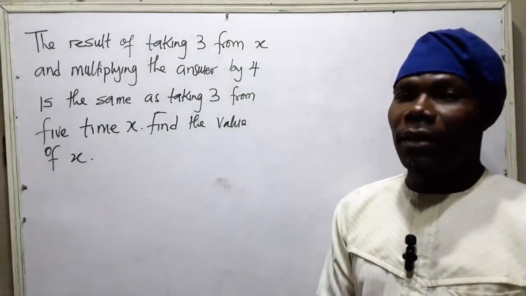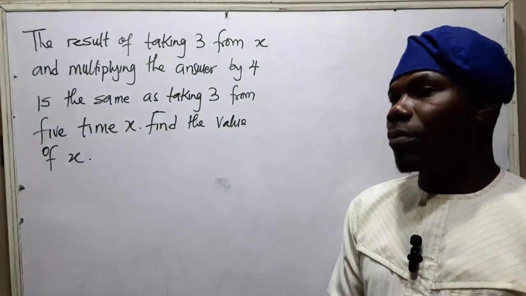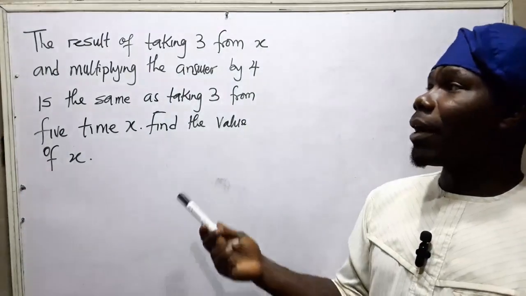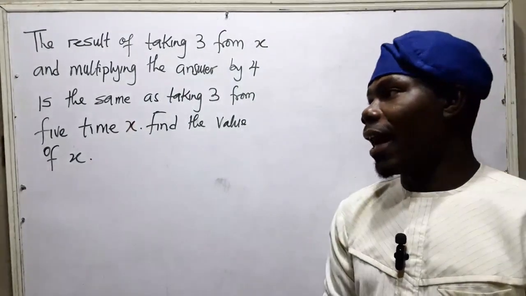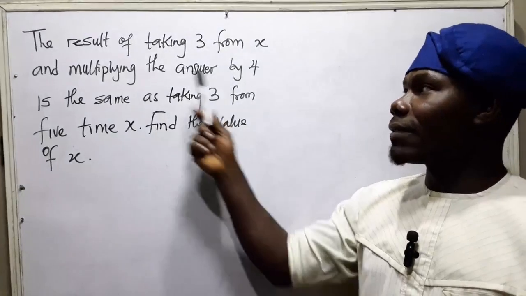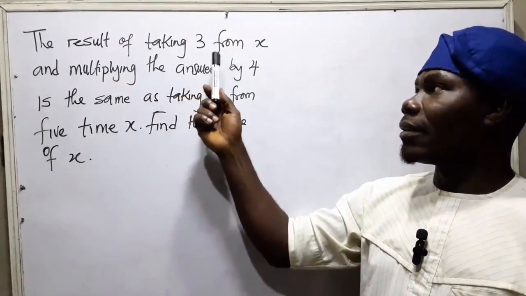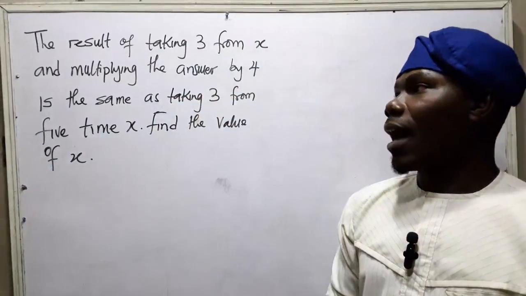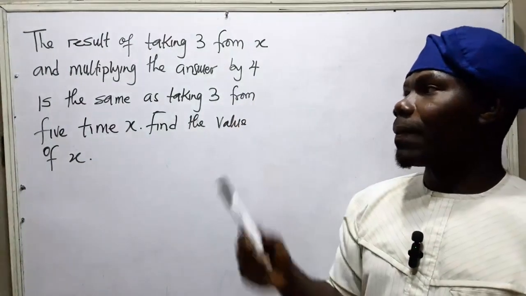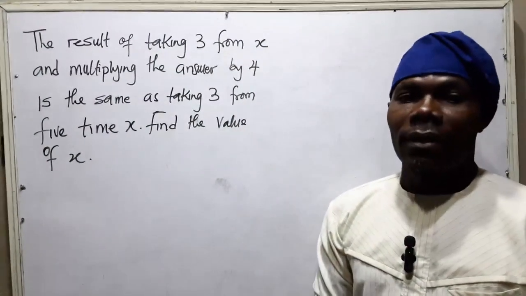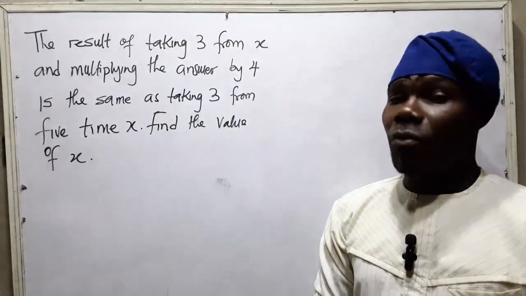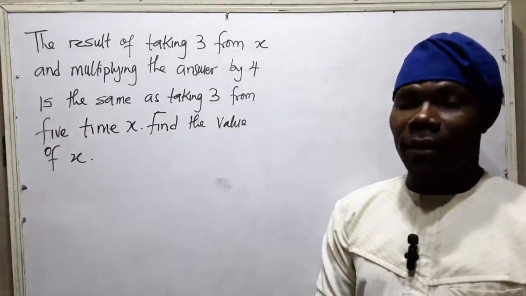Many people find these word problems difficult to solve because of the inability to interpret them. It says: the result of taking 3 from x and multiplying the answer by 4. Every statement in mathematics has a mathematical interpretation. Every word problem has a mathematical interpretation.